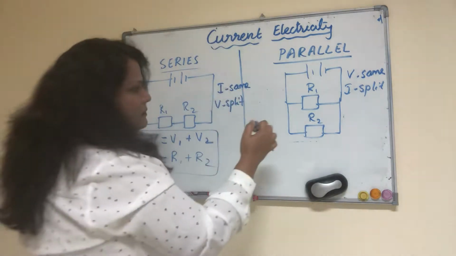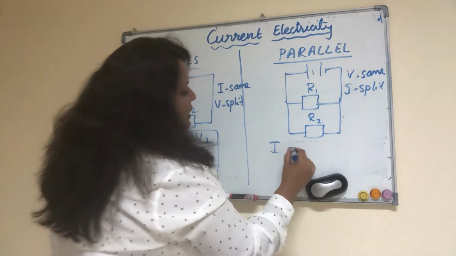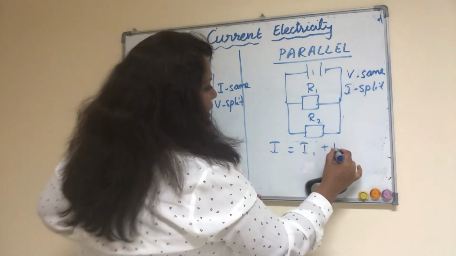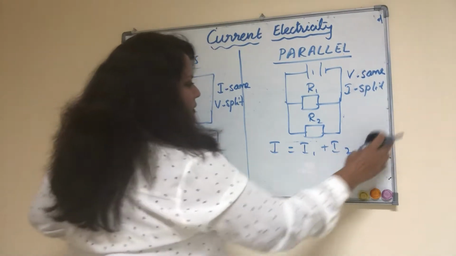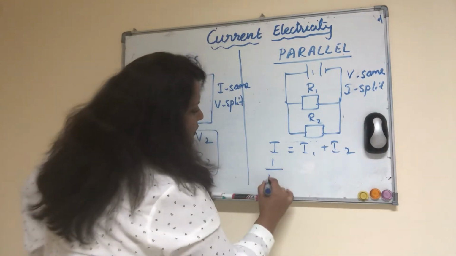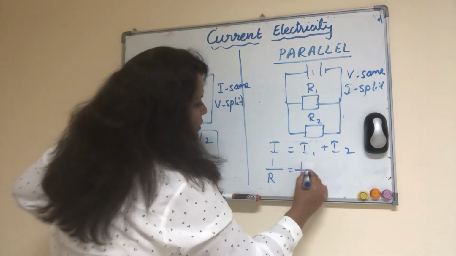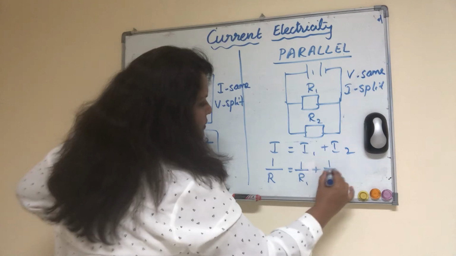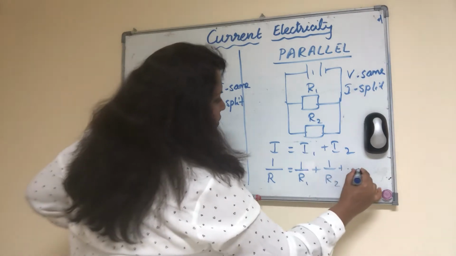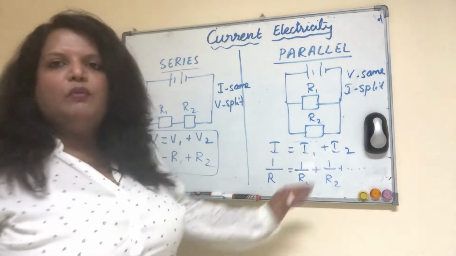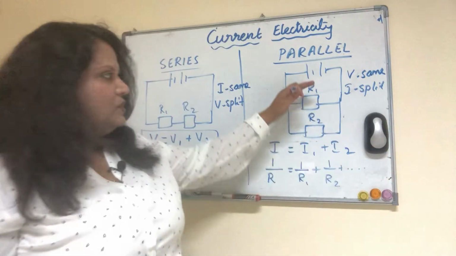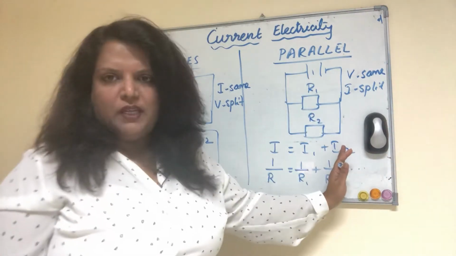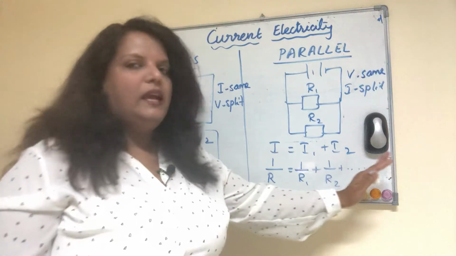Now in parallel, I will be equal to I1 plus I2, and 1 over R is equal to 1 over R1 plus 1 over R2 plus, if you have more, you just need to keep on adding for the number of resistors. Here I've just shown 2, so the formula stops here. If you have 3, you keep on adding.